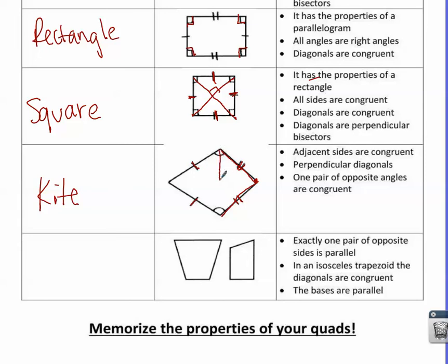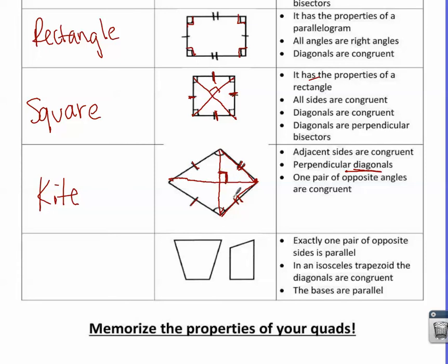They have perpendicular diagonals, which means that they're going to create a right angle. They are not bisecting, because to bisect it would mean that they would have to be equal, and this half of the diagonal is longer than this half.